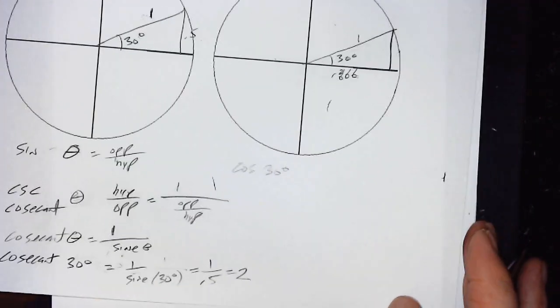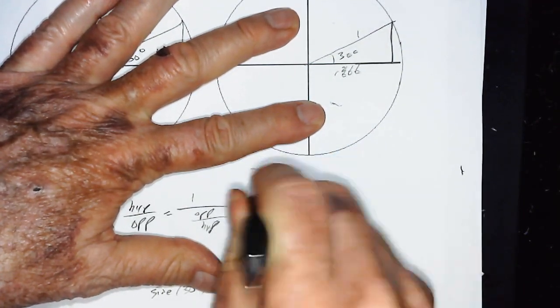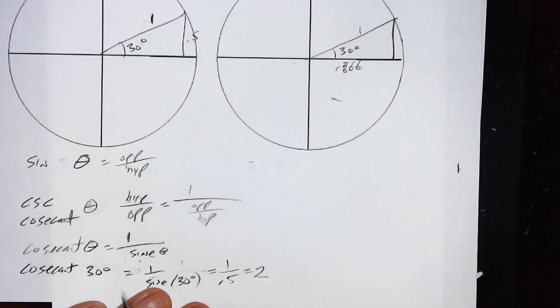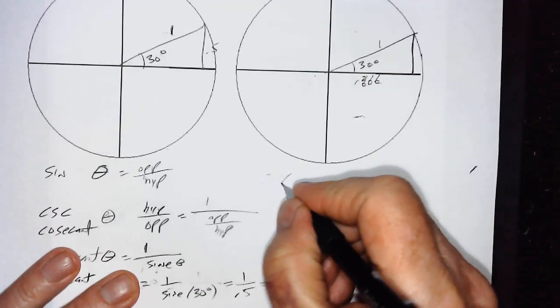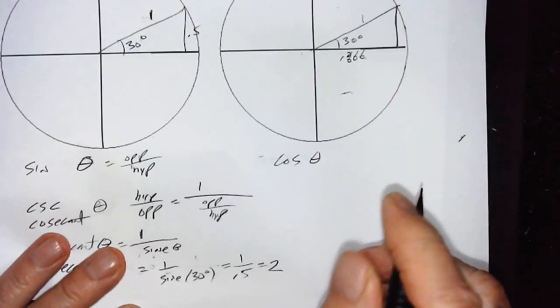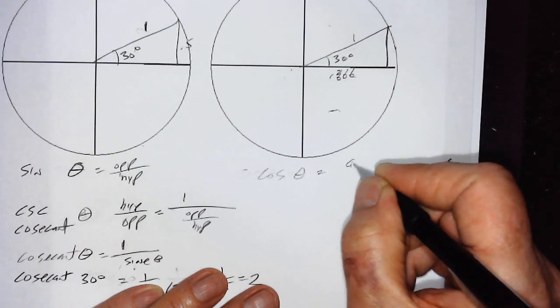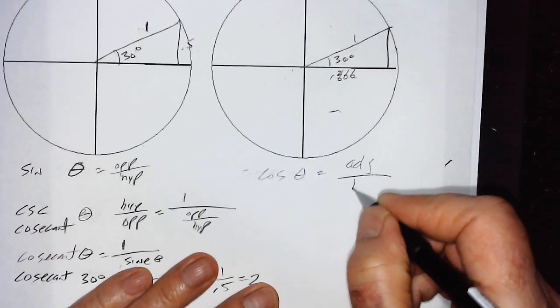Now, a cosine of 30, it's similar to this idea. The cosine in general is the adjacent side length over the hypotenuse.